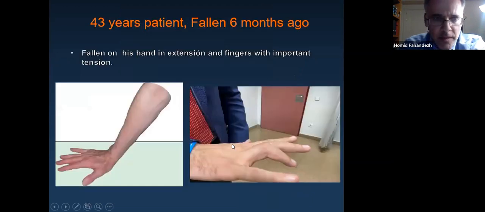This is a 43 years old patient. This patient fell on his hand in extension, with the fingers under important tension. He came to my office with a very stiff PIP joint, and I suspected a volar sprain.